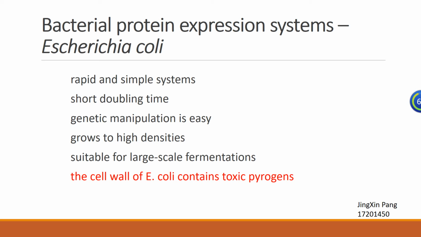E. coli is the most widely used host system since there is ample knowledge about its genetics, genome sequence, and physiology. The genetic manipulation is easy, and it also grows to high densities and is suited for large-scale fermentations.